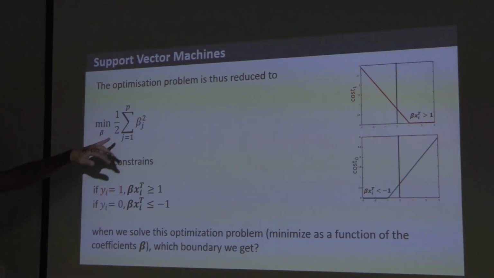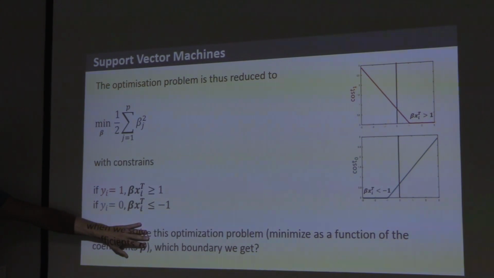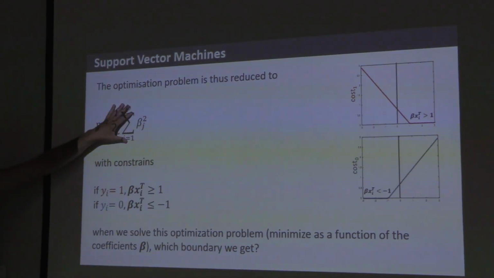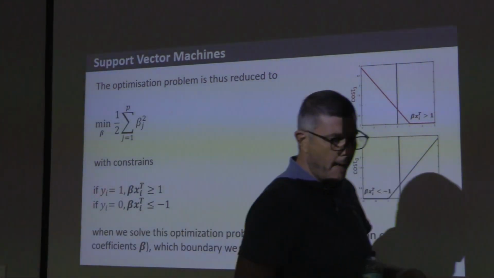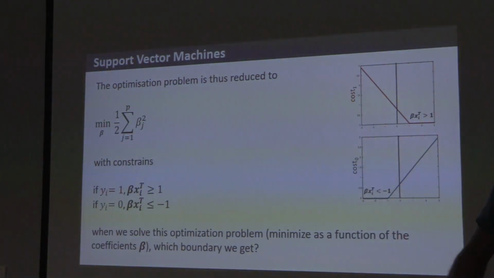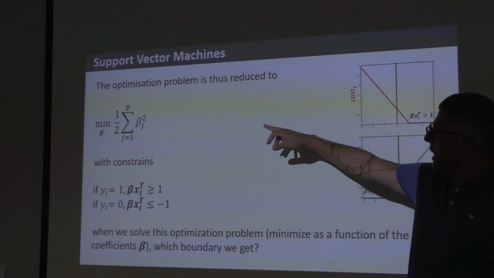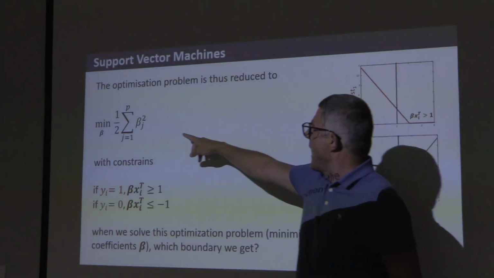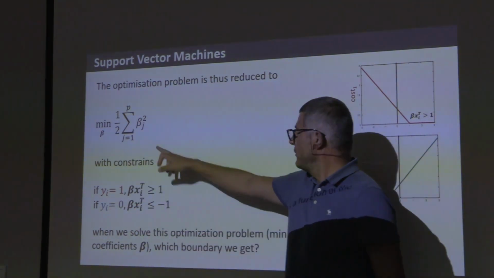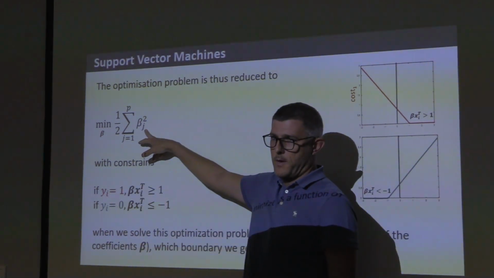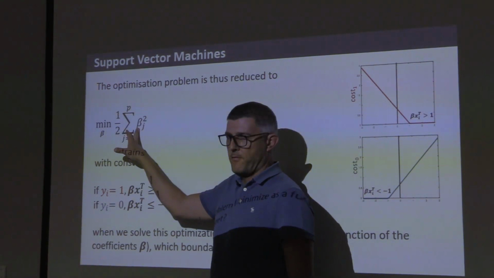So let's see what this means from a geometrical point of view with support vector machines. Let's say we have to find some coefficients, which should be low, because we have to minimize this.